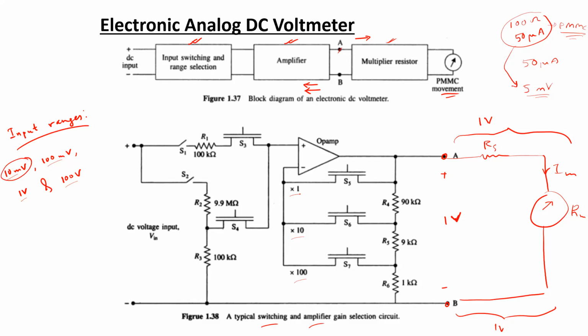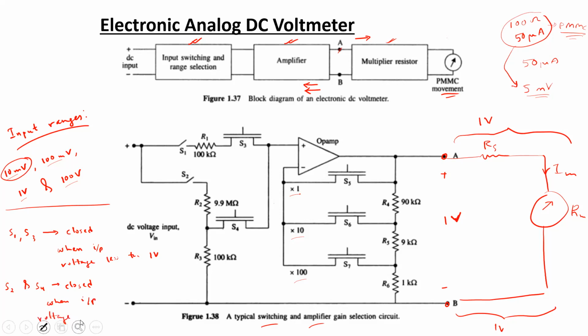Before we do so, let us consider one more thing: switches S1 and S3 are closed when the user wants to measure input voltage less than 1 volt, and switches S2 and S4 are closed when the user wants to measure input voltage greater than 1 volt.